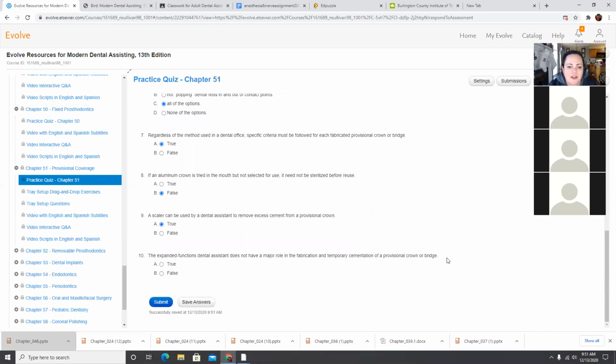The expanded functions dental assistant does not have a major role in the fabrication and temporary cementation of a provisional crown or bridge. False. What part does the RDA do in a crown and bridge procedure?